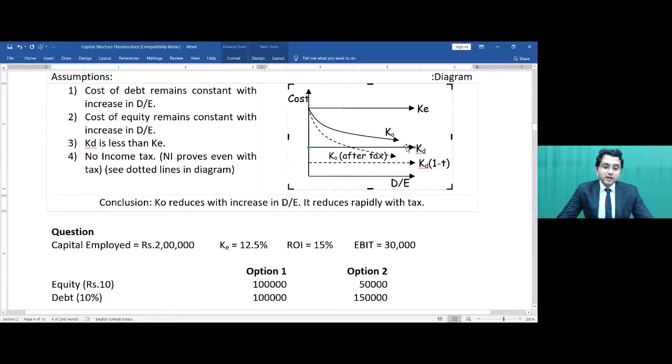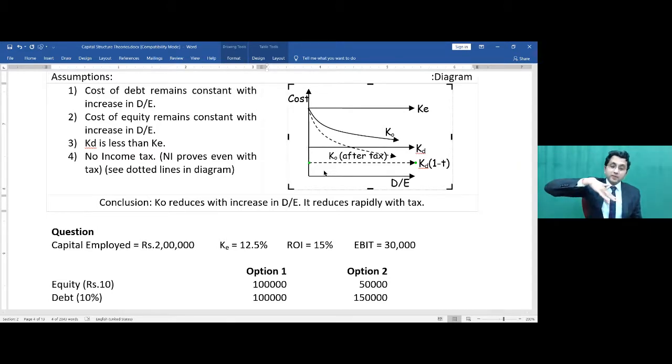So KD was comparatively higher, but after introduction of tax, cost of debt actually reduces. So earlier KO was reducing slowly, but now KD is further down. That's why KO is reducing rapidly. Overall cost of capital is reducing quite fast. So see the dotted line, and this dotted line is actually the new overall cost of capital after introducing income tax. Right? Okay.